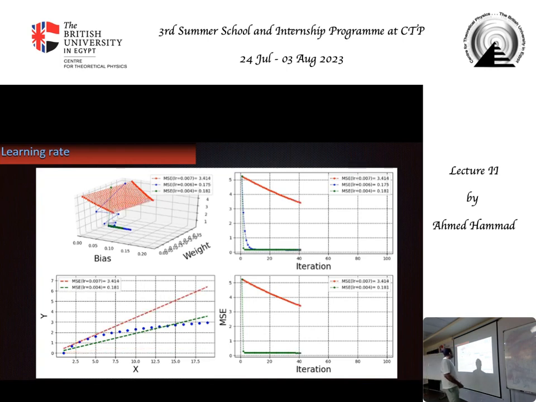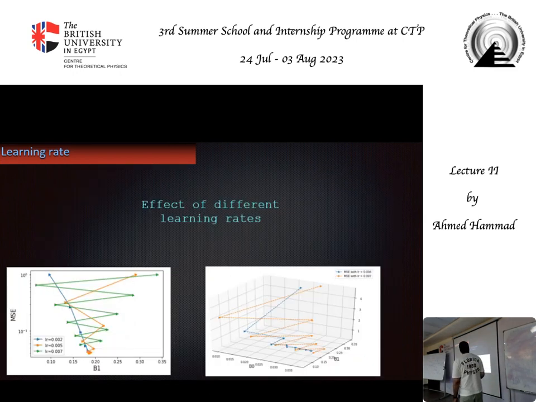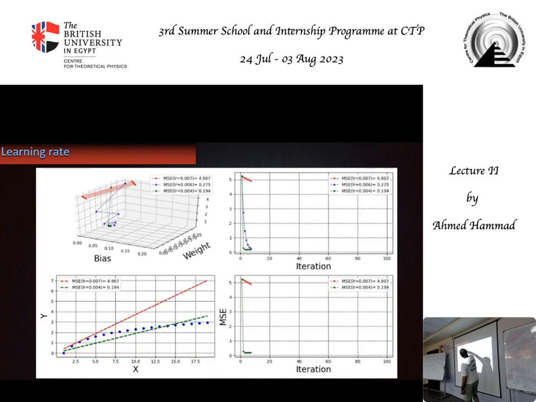Here, these are B0 and B1, this is the loss function, and there are three different learning rate values. We start everything from here, from scratch, and then you start descending.